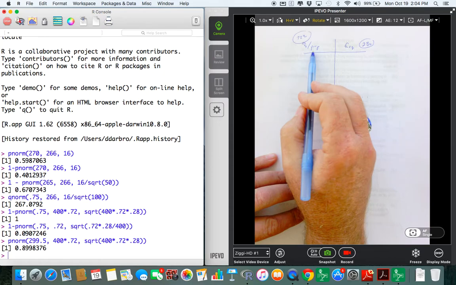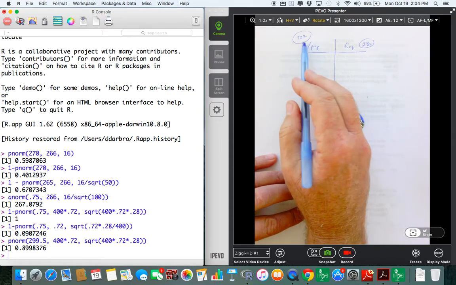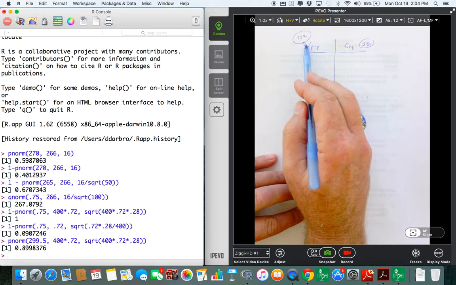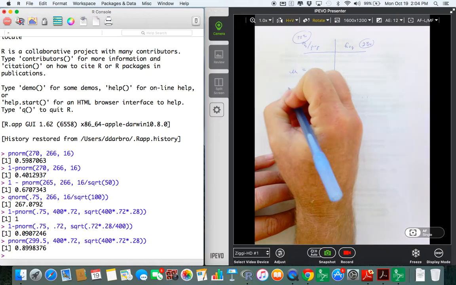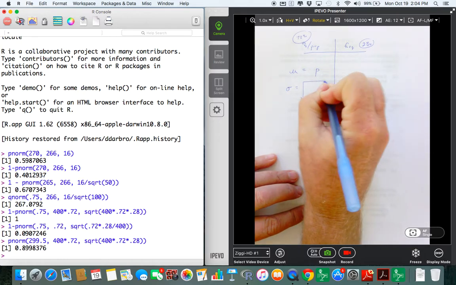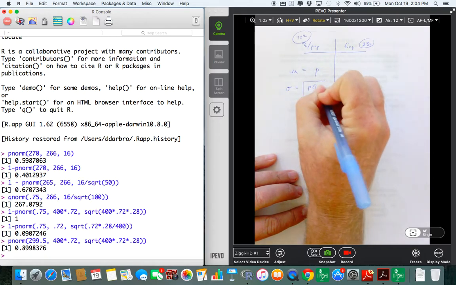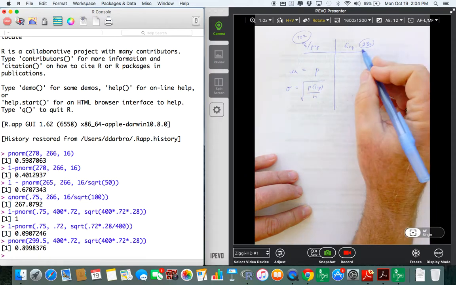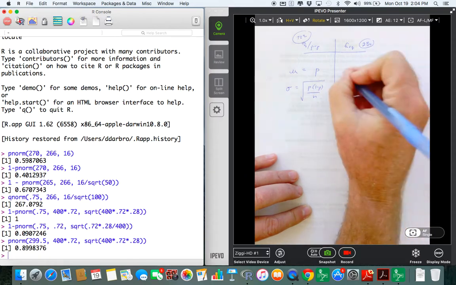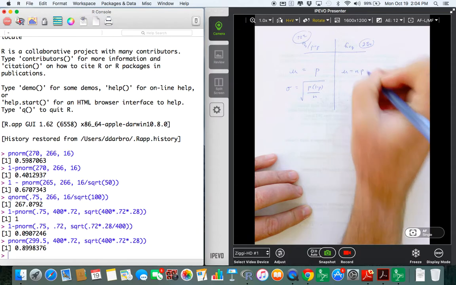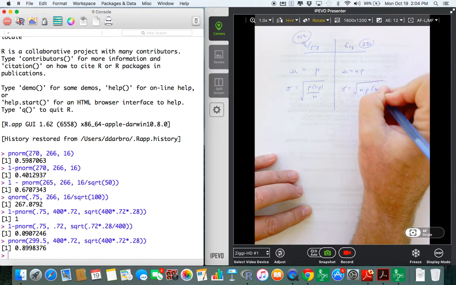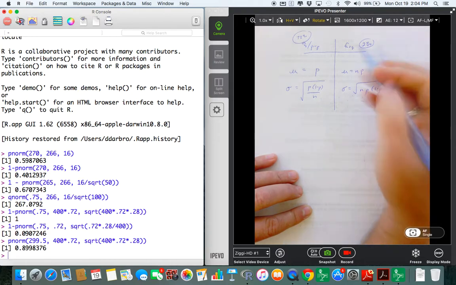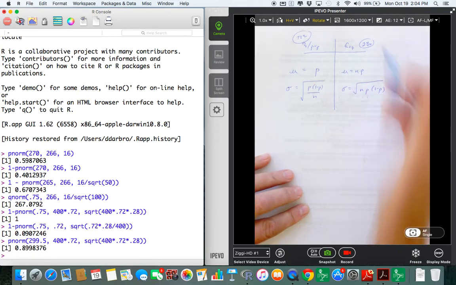So if I'm focusing on a percentage as the value I'm calculating, then my mean is equal to P and my standard deviation is equal to the square root of P times 1 minus P over N. If I'm calculating a frequency, then my mean is N times P and my standard deviation is the square root of N times P times 1 minus P. Where are you living? Which one are we talking about?